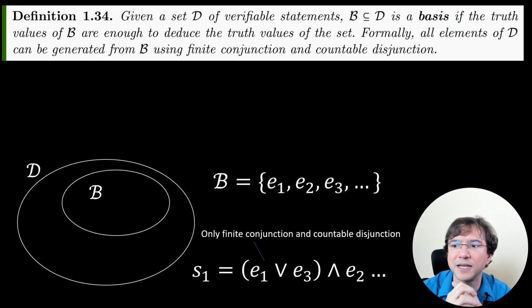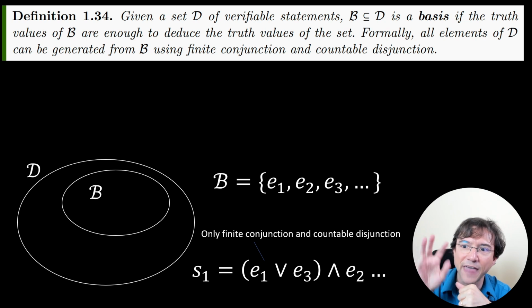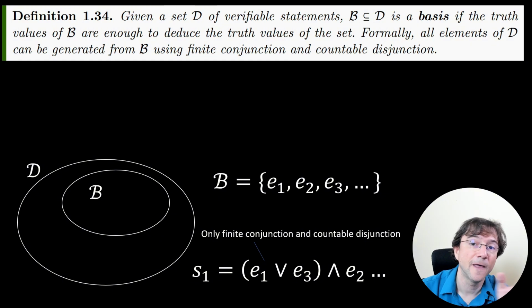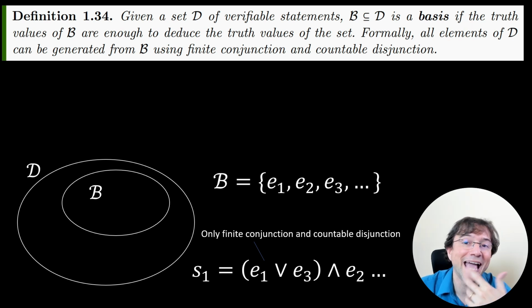We create all these big expressions, and if we can generate all the statements in D only using the statements in B and these operations, then we only need to test B. We don't need to test the full D, and D is essentially equivalent to verifying B.